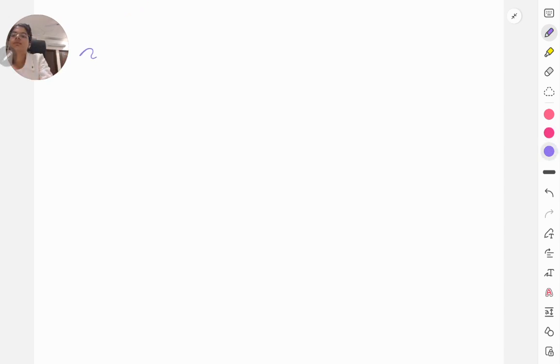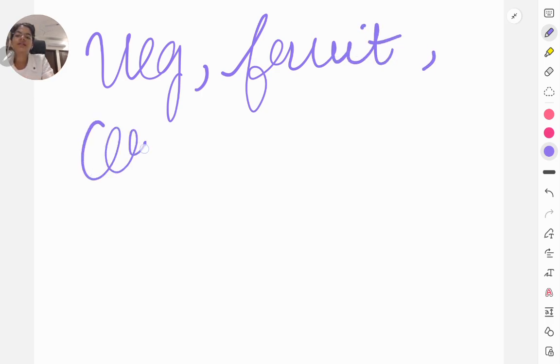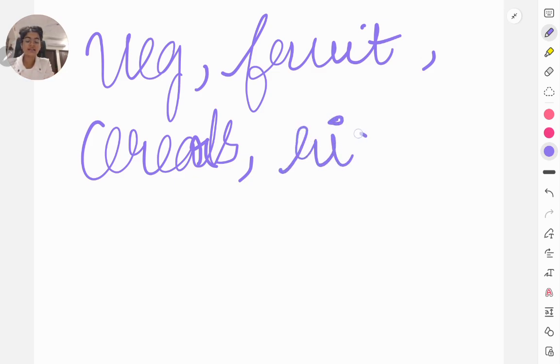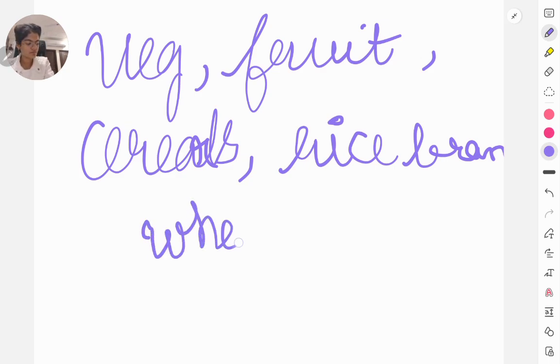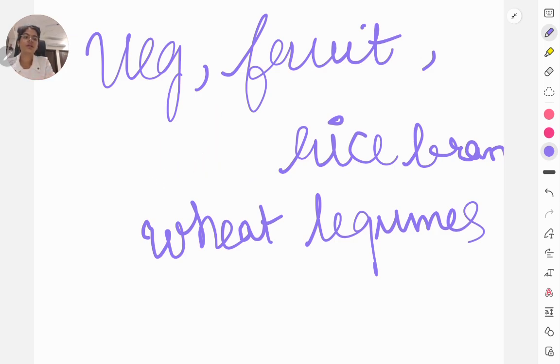It is vegetables, fruits, leafy vegetables I mean, then some of the cereals, then rice bran, which is a very good source, and wheat, legumes. Okay, keep this much only for now.